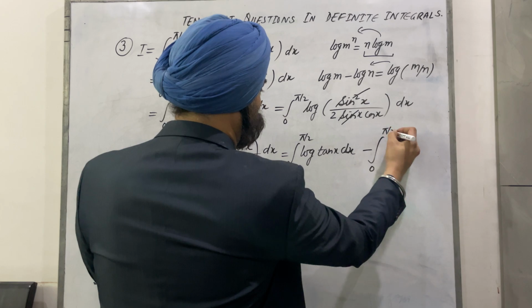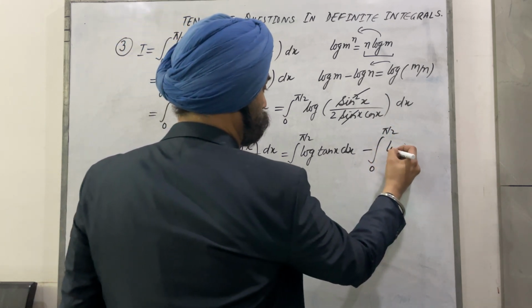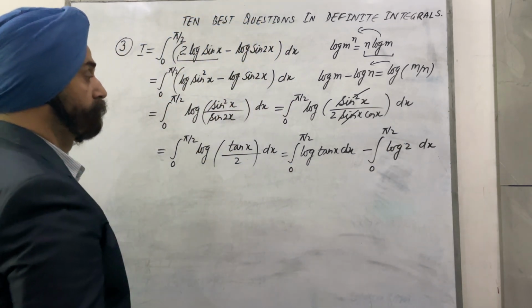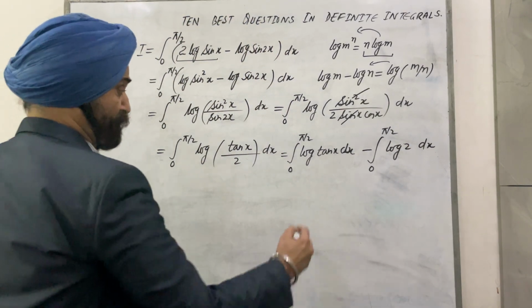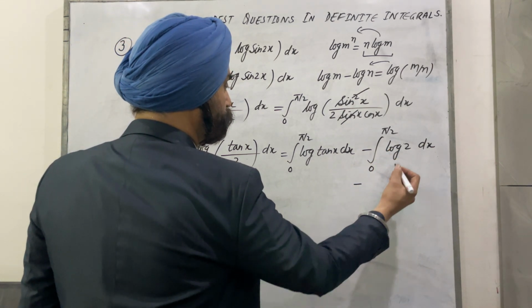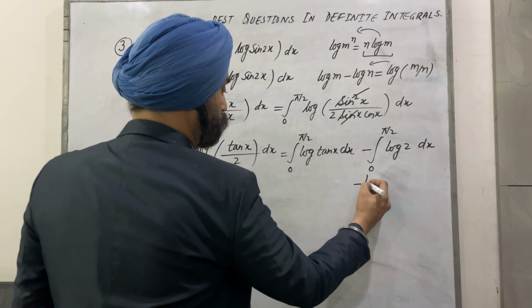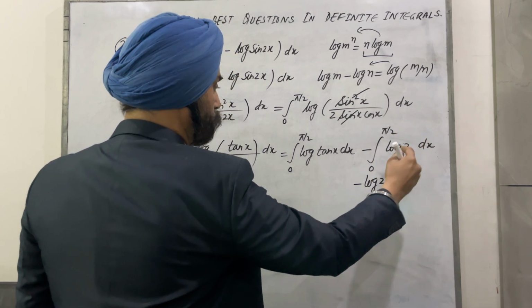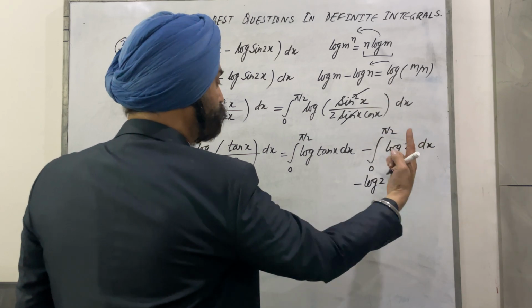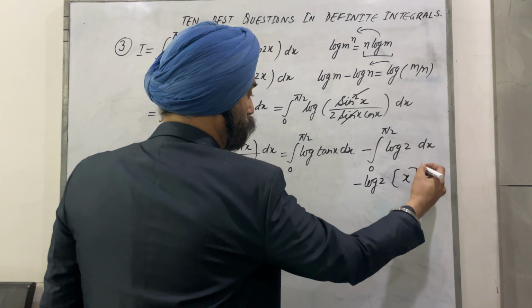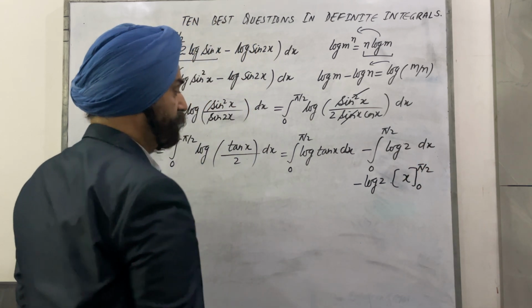It's 0 to pi upon 2 once again, and log 2 appears in the second integral. Now, the second part is very, very easy. This is minus as it is. Log 2 being a constant, we can bring it out. Within the integral the integrand will be 1 only. 1 has integration x. And after that, we just need to apply the limits of integration.